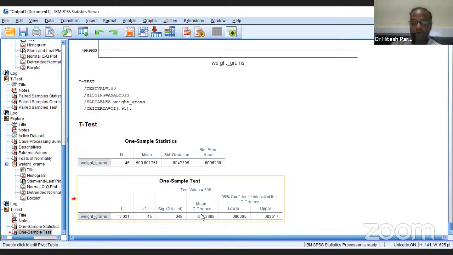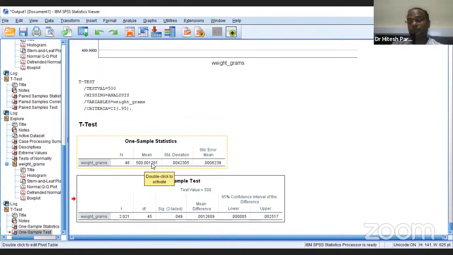A very small marginal difference, but still it is saying a significant difference. Why did it happen? Because of the measurement, right? We have measured our data with 6 digits after the decimal point. So that is the reason SPSS has computed so minutely that a very small minor difference also became significant.